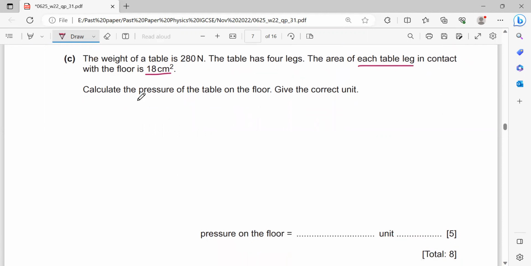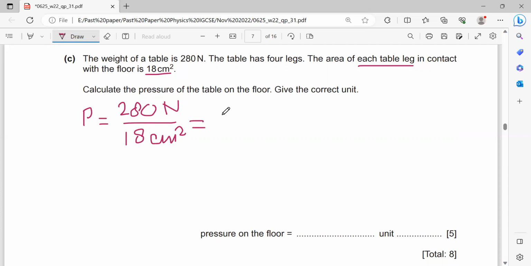So, the pressure equals 280 newtons over 18 centimeters squared.